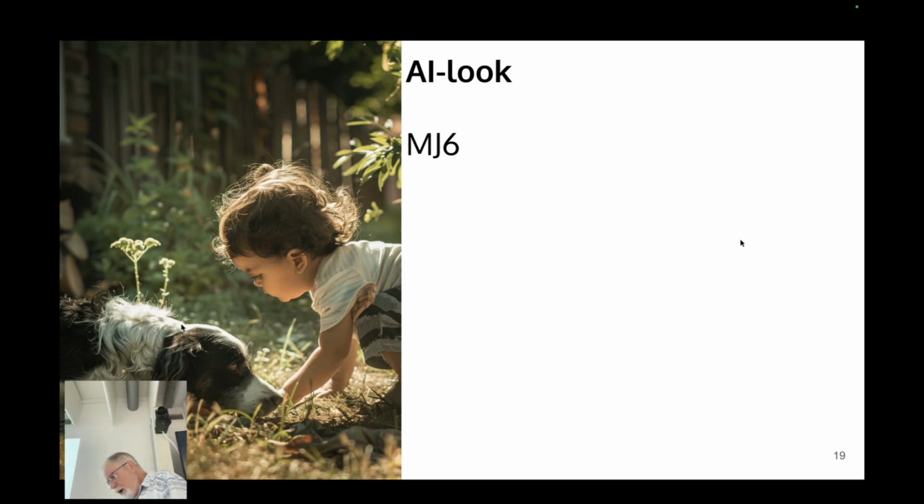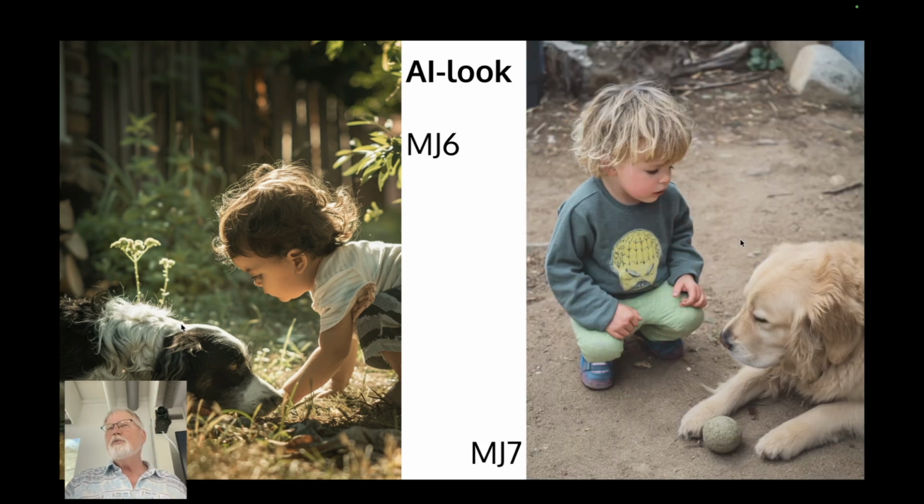Now, you probably played around with AI generation systems, and over the past several years, they've gotten better and better and better. So this was, as of last year, Midjourney 6, and it created this lovely image of a child, and the prompt is something like, young boy with dog in woods, right? This year, it creates much more of what looks like a photograph, right?